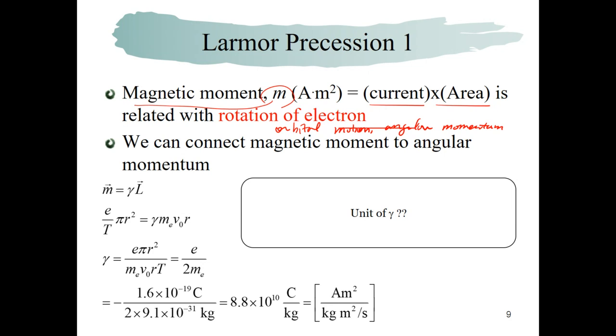So we can connect the magnetic moment to the angular momentum through the gamma.